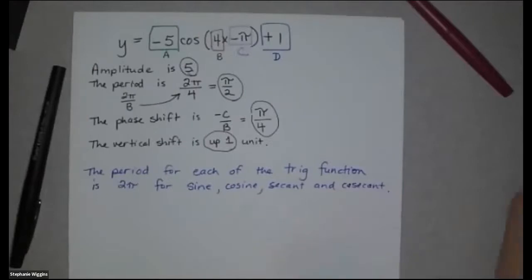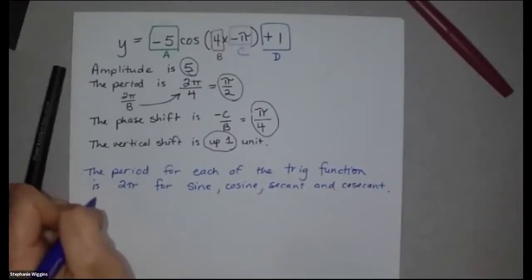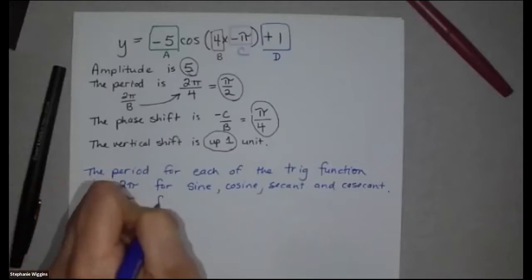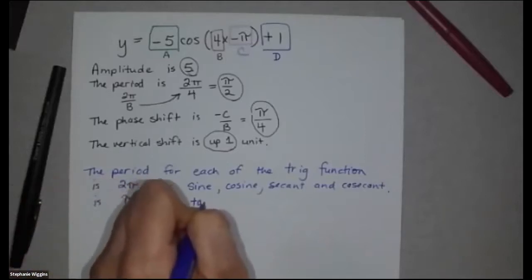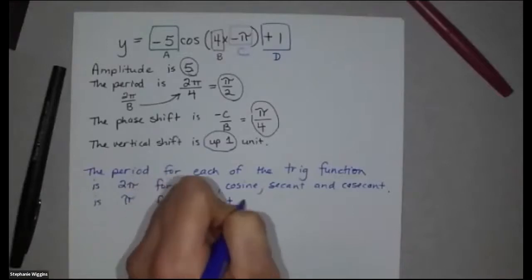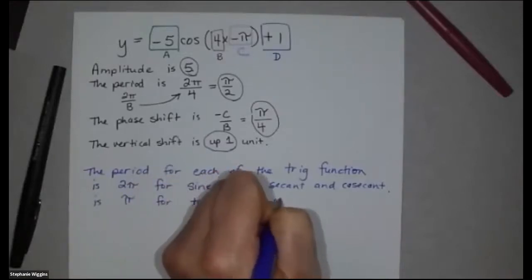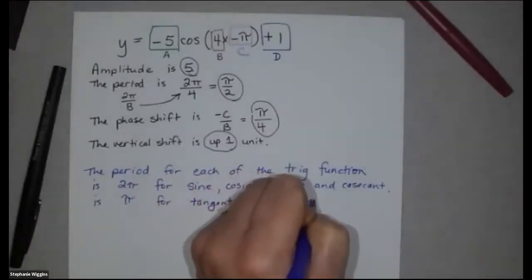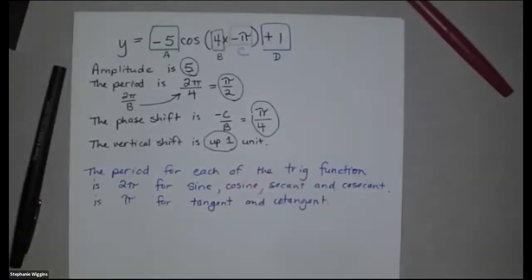Okay, those 4 trig functions have a period 2 pi, and it is pi for tangent and cotangent.